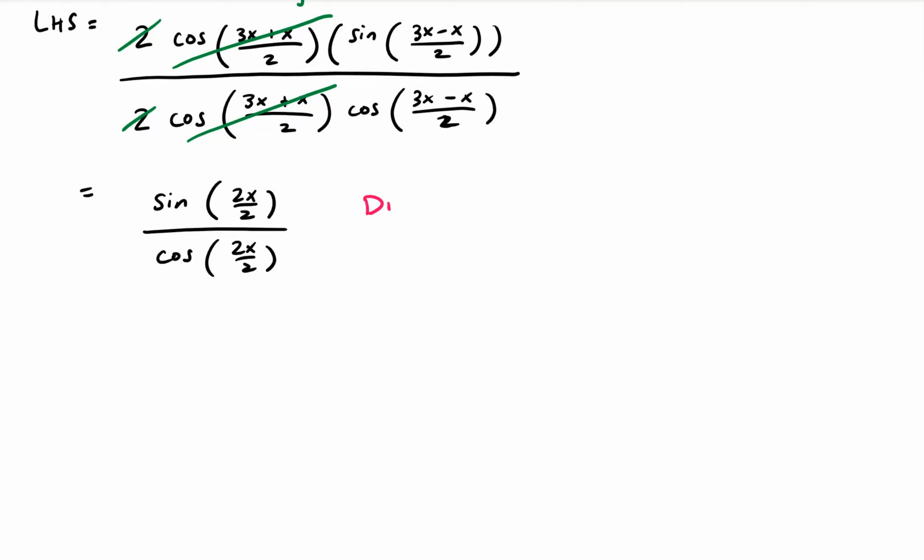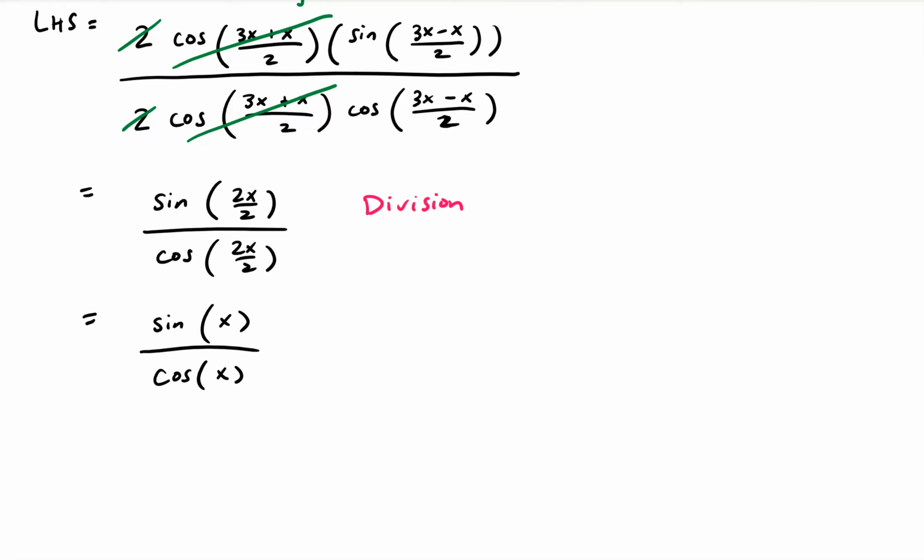And so the way that we got to this point was through division. We divided out those terms there. And then we simplify the inside of the parentheses further. So 2x divided by 2 is just x. And then same thing with the denominator. 2x divided by 2 is x.